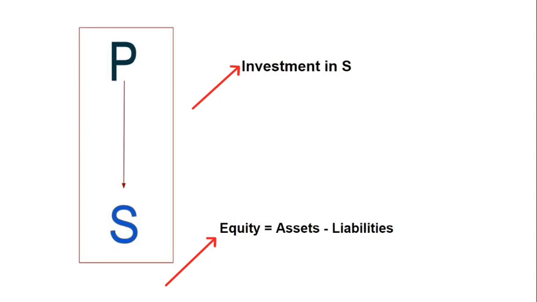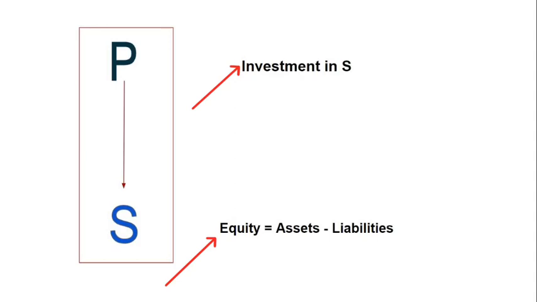By P having an investment in S through which it gained control, P becomes an equity participant of S. So some of the equity of S is now attributable to the parent.